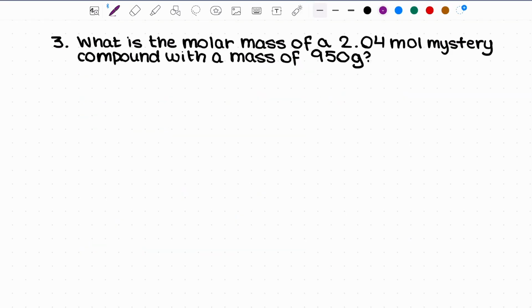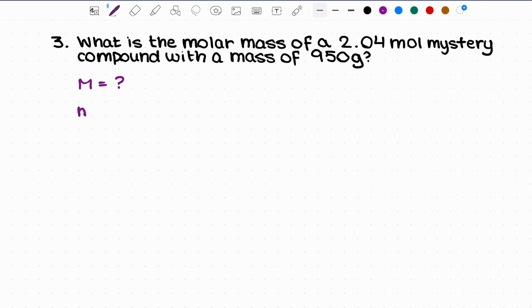Our third problem. It says, what is the molar mass of a 2.04 mole mystery compound with a mass of 950 grams? As always, let's write down what we want to find and what we currently have. Well, it tells us in the problem that we are looking for molar mass, big M. So that is our unknown.